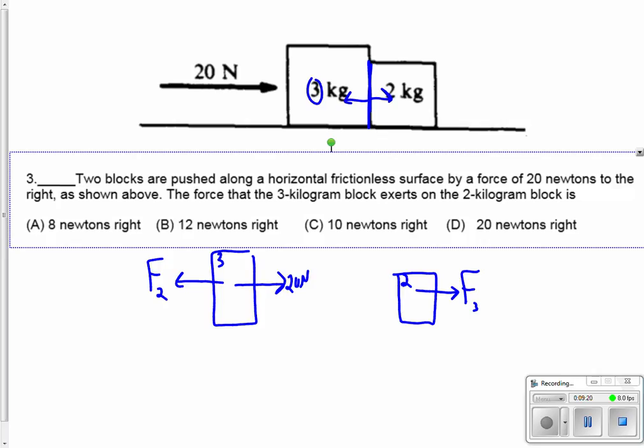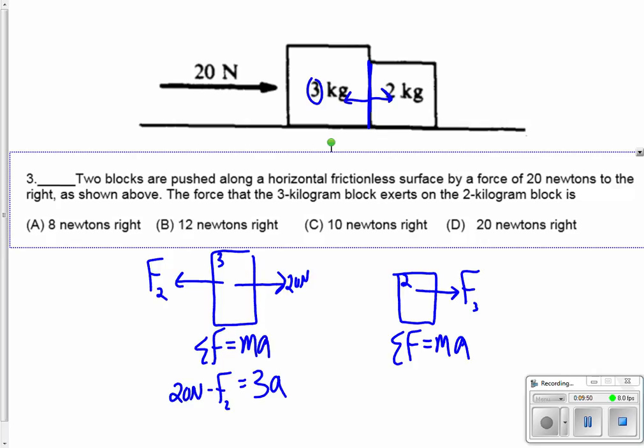And there we go. So now let's translate to an equation. Sum of the forces equals mass times acceleration. Sum of the forces equals mass times acceleration. 20 newtons minus the force from block 2 has to equal 3A, right? 3A, 3 kilograms.